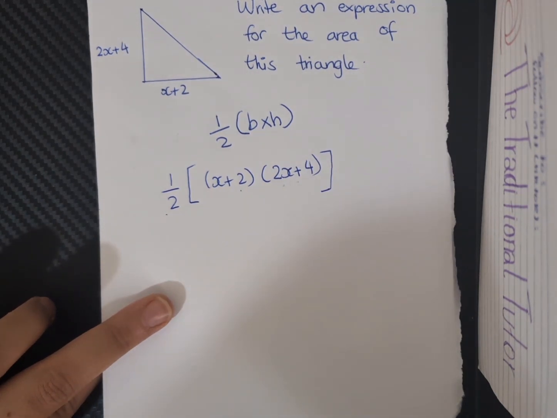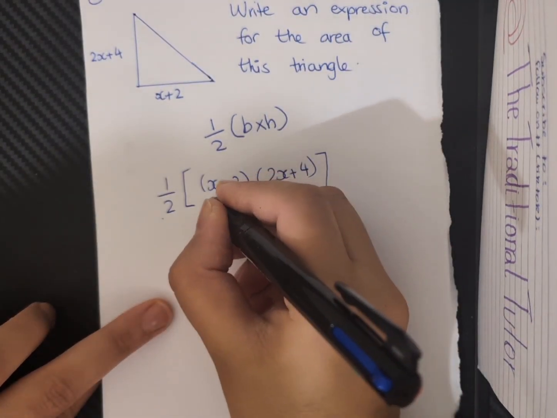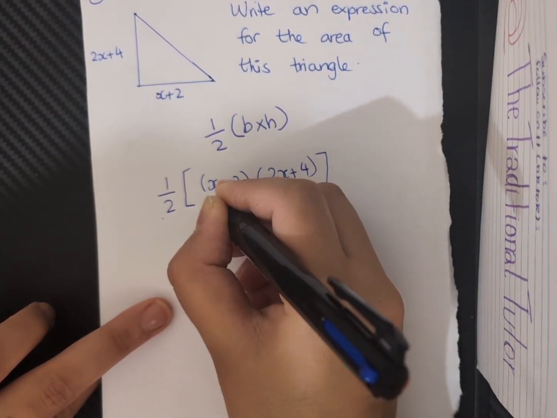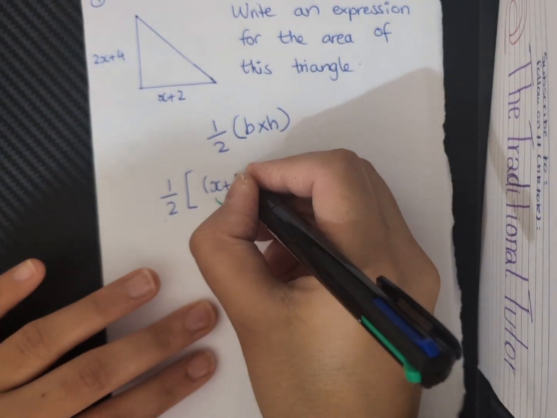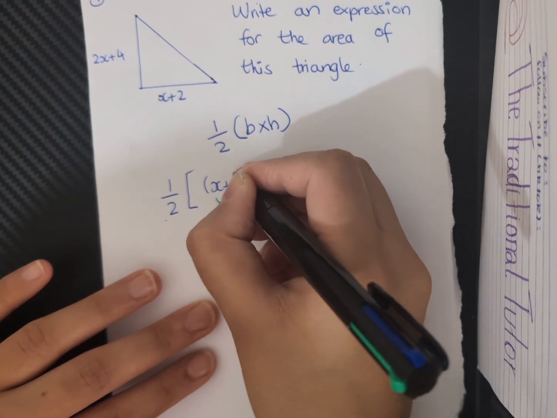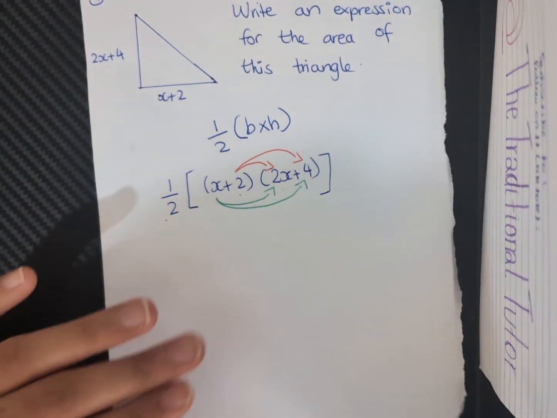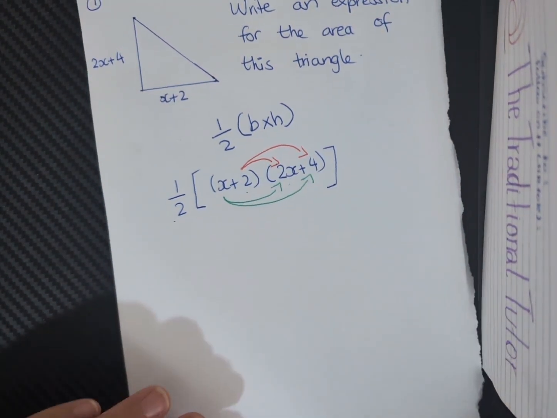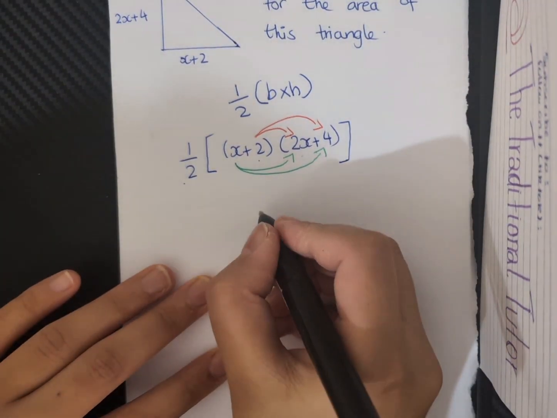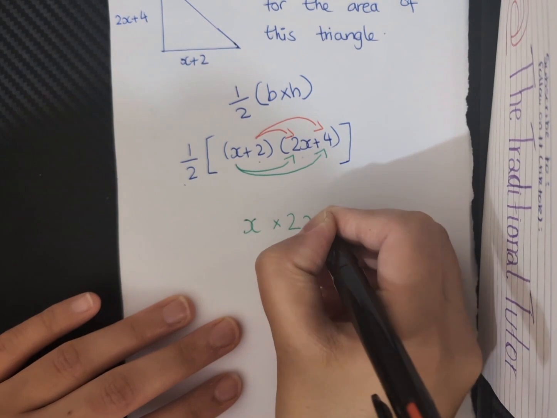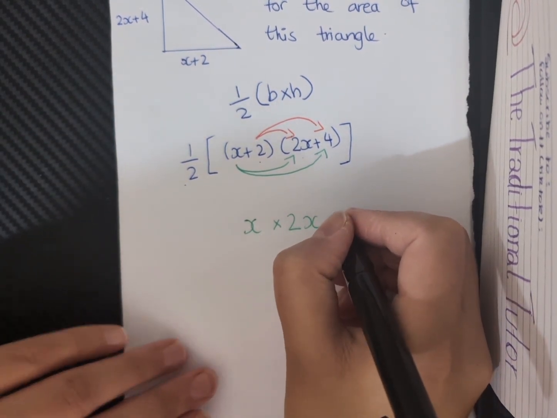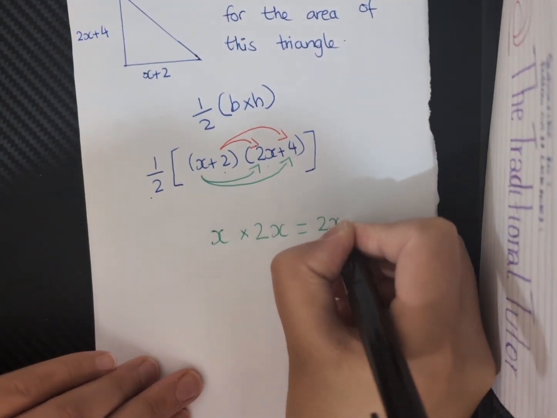Again, I'm going to draw my arrows. So x times 2x, x times plus 4, and remember to do the same at the top, so 2 times 2x and 2 times plus 4. Let's multiply that out. So I've got x multiplying by 2x first, which gives me 2x squared.